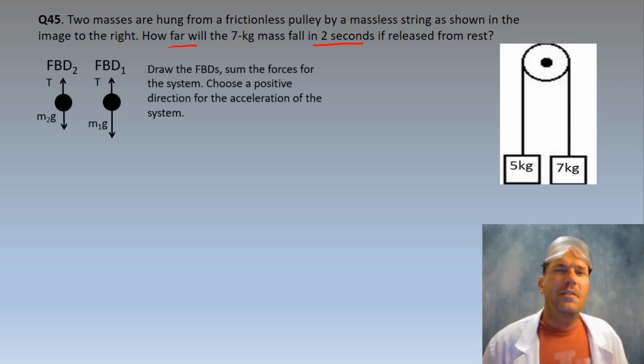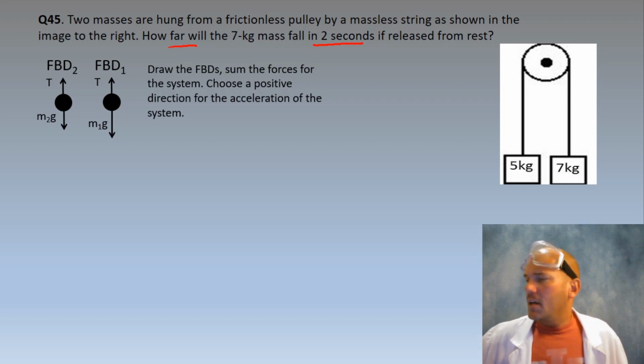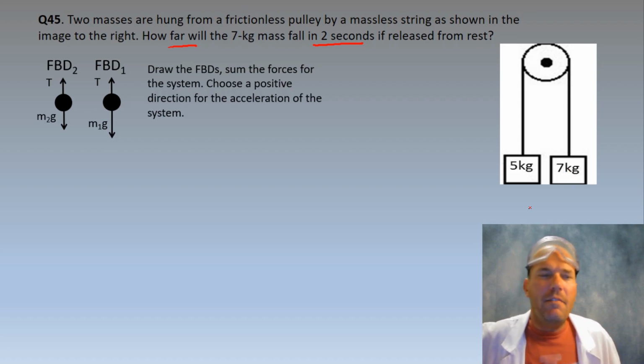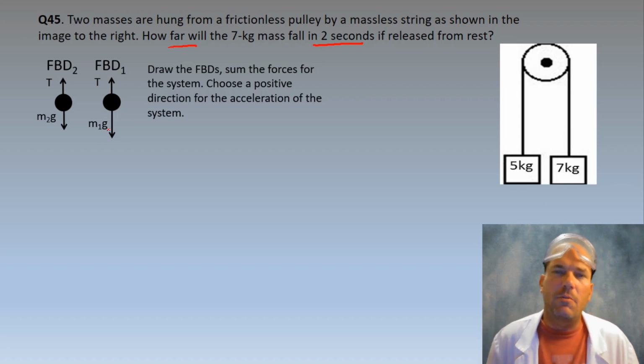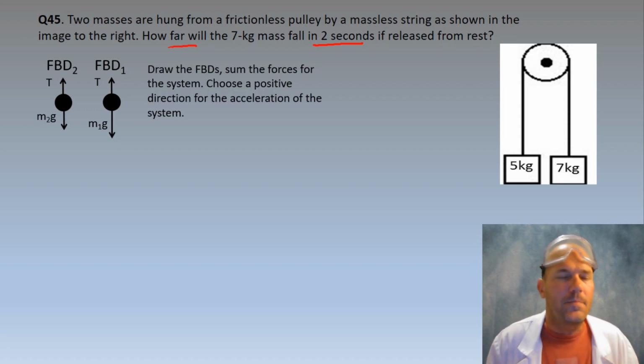But first, looking at our free body diagrams, we see that this 7 kilogram mass multiplied by the acceleration due to gravity is going to be our driving force, and there's a greater force there, and that will lead to a net external force and an acceleration for the system.